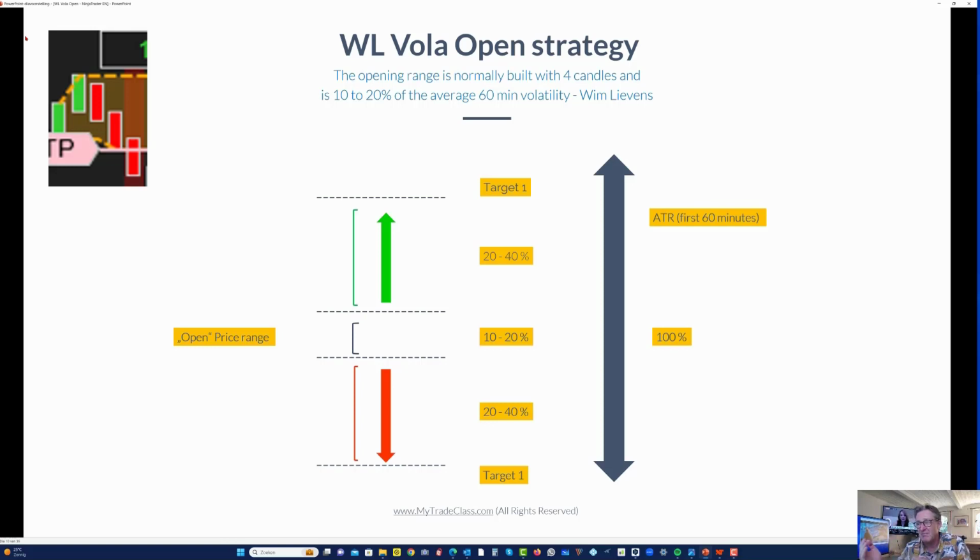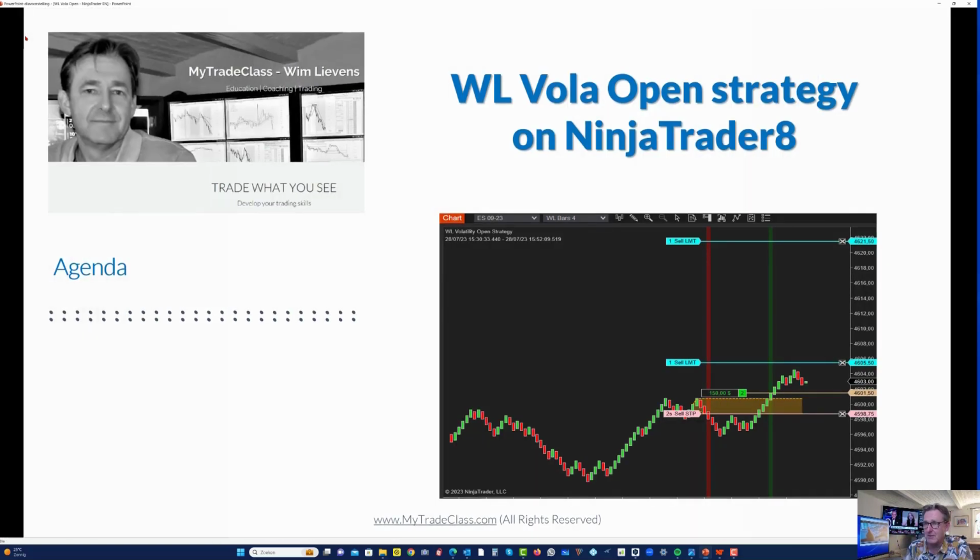So it will be in the range of 10 to 20% of the average volatility of the first 60 minutes. Now, it could be that day the volatility is a little less or higher, but still, you will have a risk reward which is excellent. Okay, so this is the introduction, the idea.